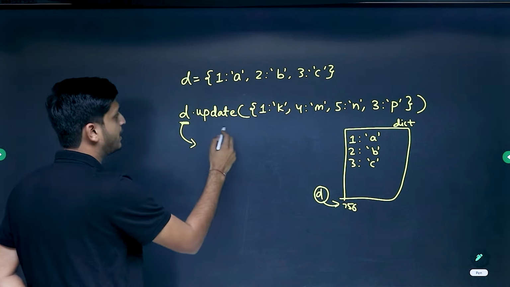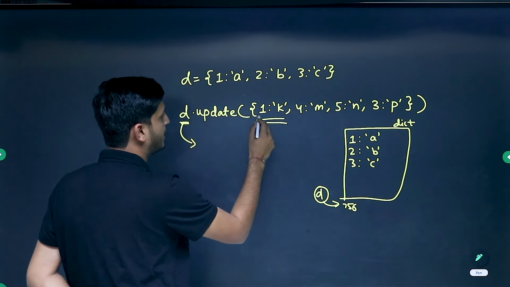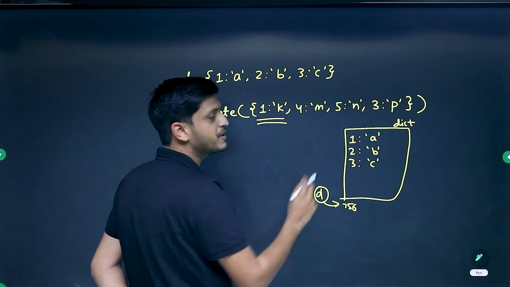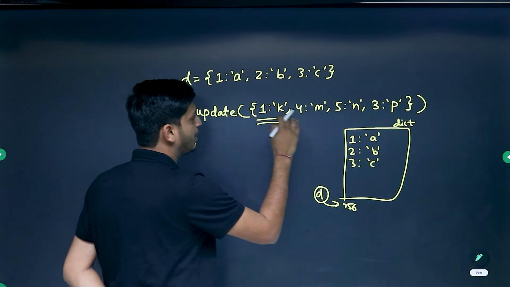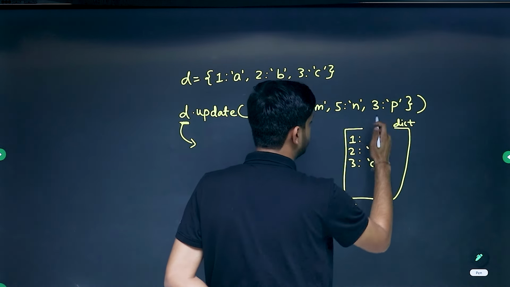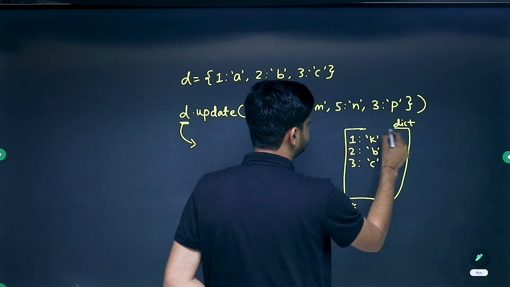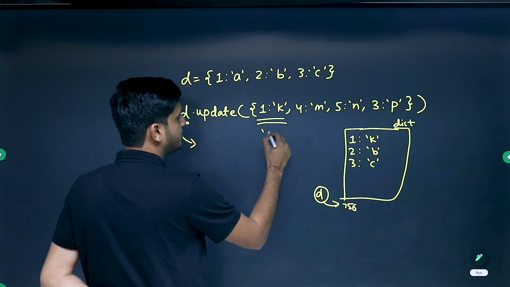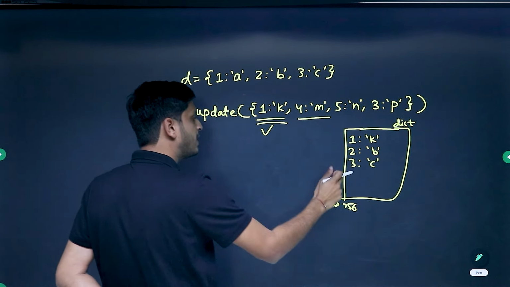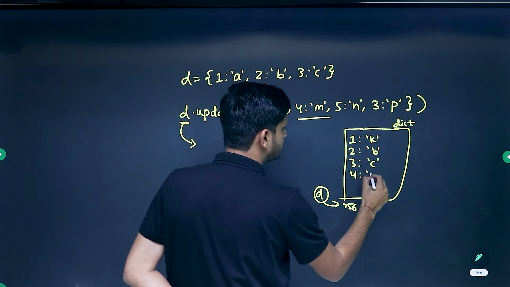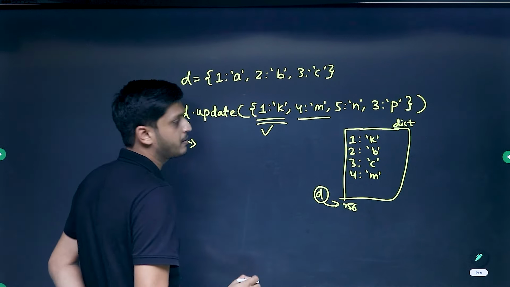When you run this update operation, firstly the first key value pair 1K will be added. 1 is already present as a key, so its value will be updated and now at 1 the value will be K. Okay. So this is done. Now you have 4M. 4 as a key is not present, so the 4, M pair will be added. 4 key and value is M.